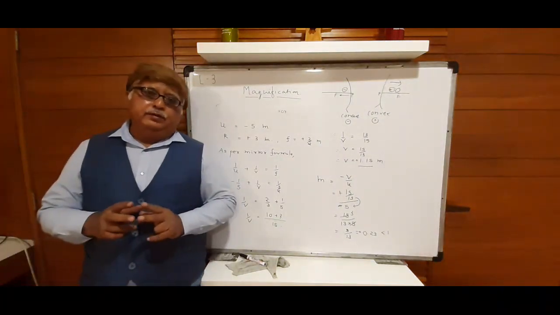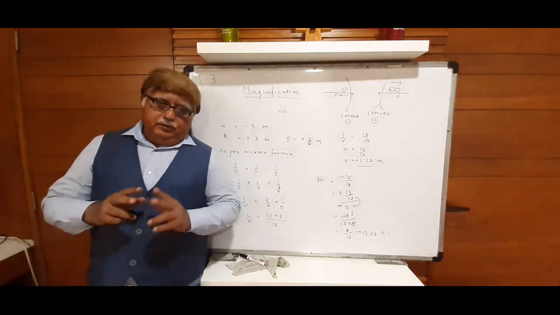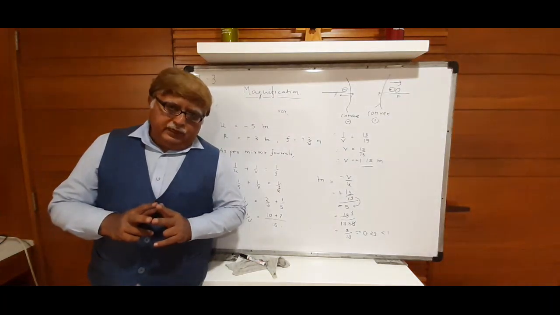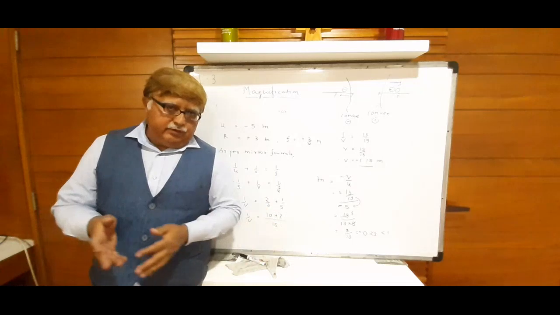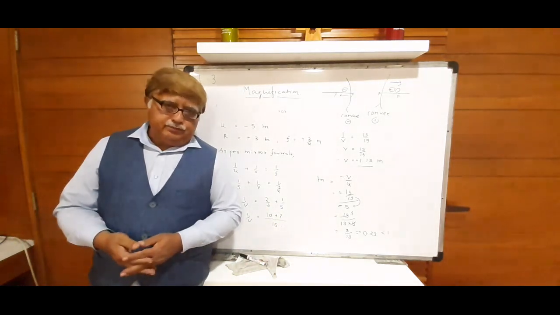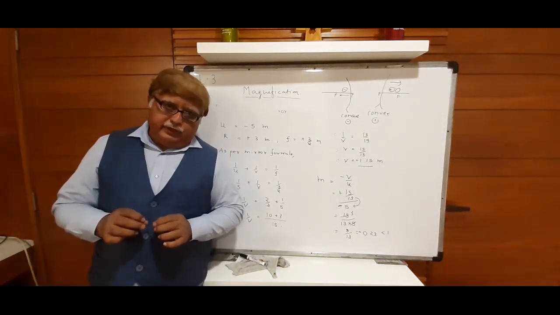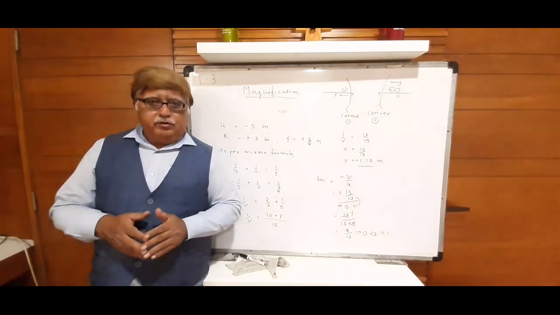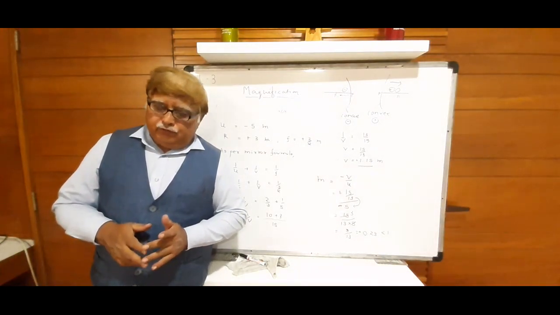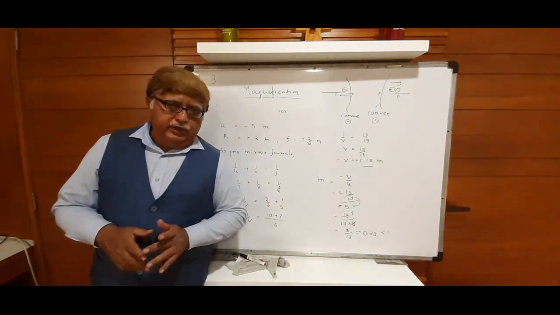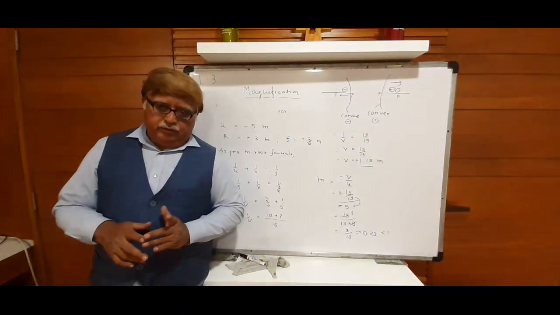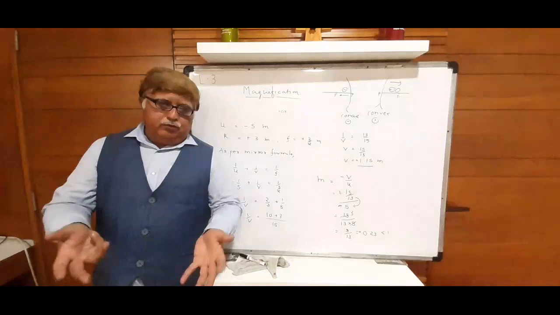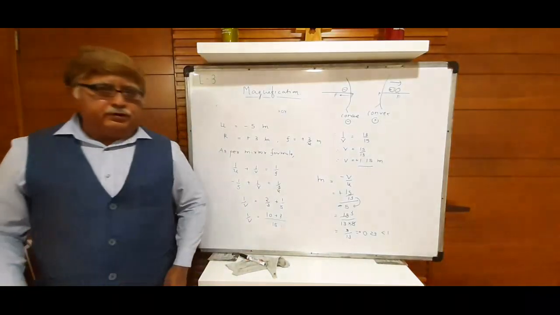Second, write mirror formula. You just have to write one statement only. There is no derivation. Write or state mirror formula. Third, write a short note on magnification. 4 to 5 points you write, that is sufficient.